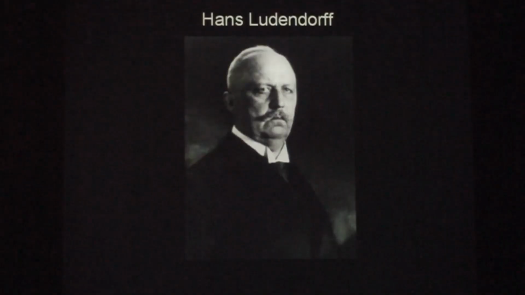The first detailed study of the star was completed in 1904 by Hans Ludendorff, and that's the next one, a German astronomer and astrophysicist. He suggested that Epsilon was an Algol-type variable with an eclipsing component, which at that time was unknown to astronomers.